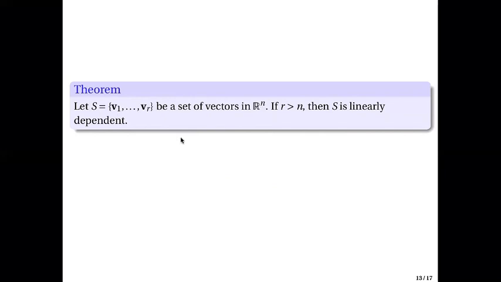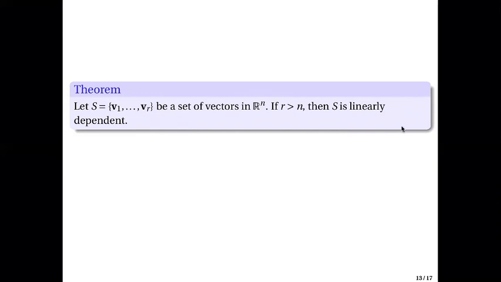If this small r is greater than n, meaning the number of vectors here is higher than the quote-unquote exponent of R here, then definitely this set is linearly dependent.